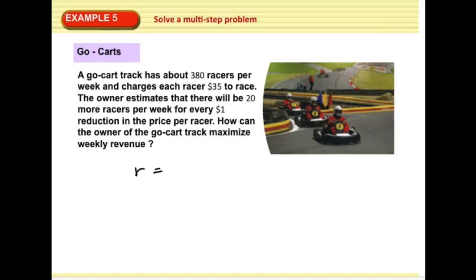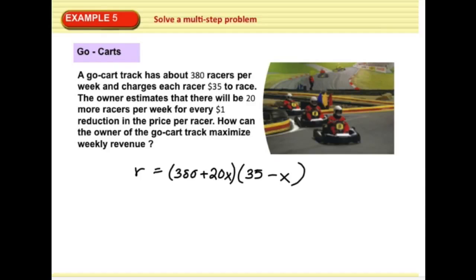Revenue is going to equal 380 racers per week times $35 for the charge, right? And what they say is that there will be 20 more racers. So if I have 380 to start, I'm going to get 20 more for every dollar reduction in price. So 20x, and then if the price is 35 to start, every time I remove $1, I'm going to get those racers increased.